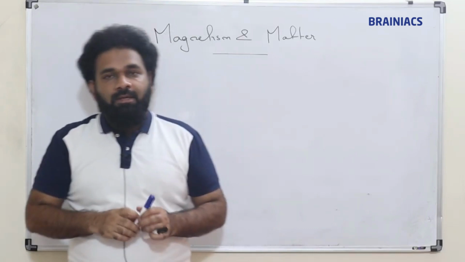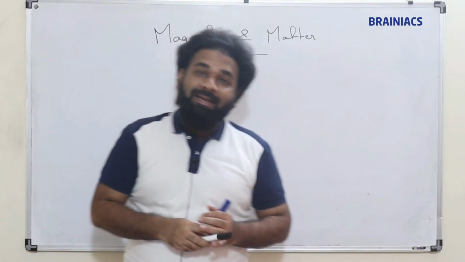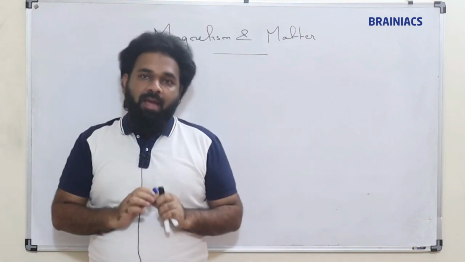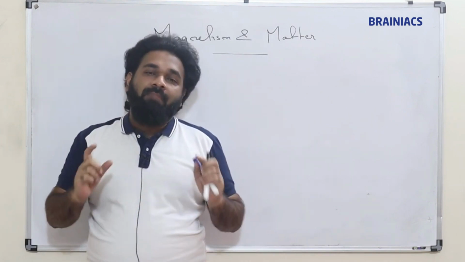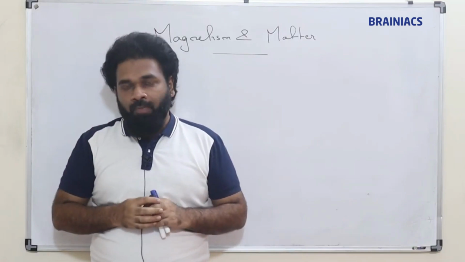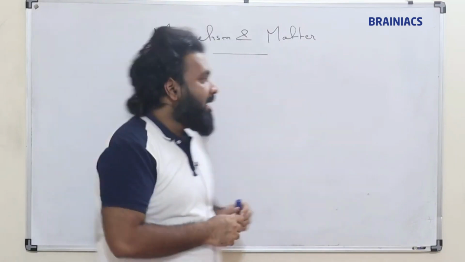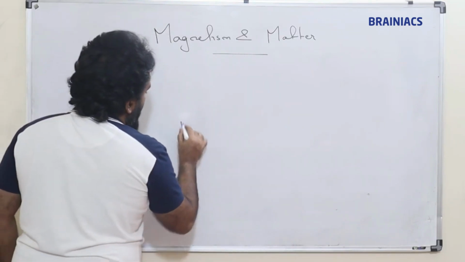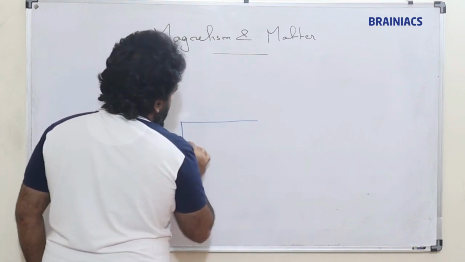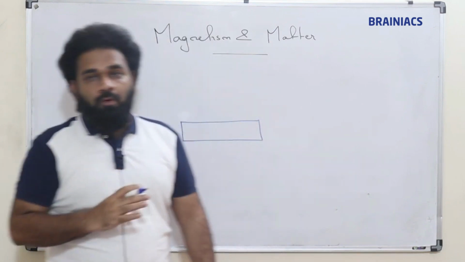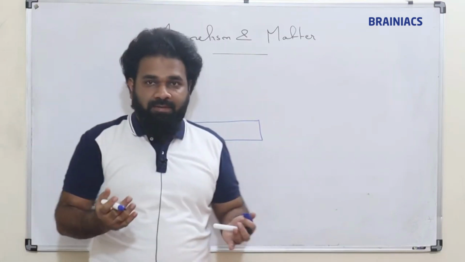Now here in this chapter we are mostly dealing with the material, that is a bar magnet. There are materials which exhibit the property of magnetism, and that is what we will be discussing in this chapter. Suppose we consider a bar magnet, using some specific type of ores we are able to make magnets.